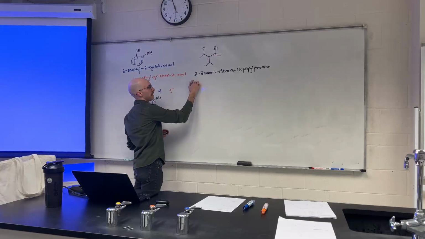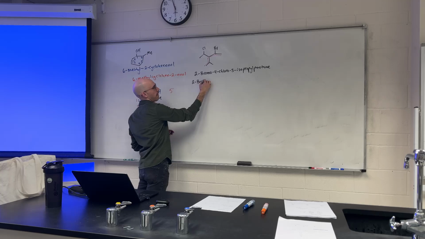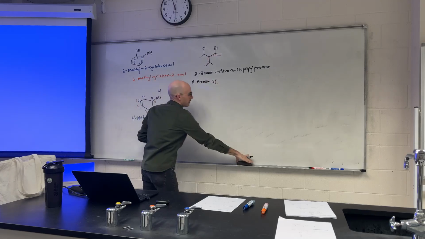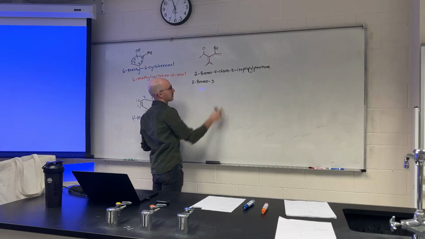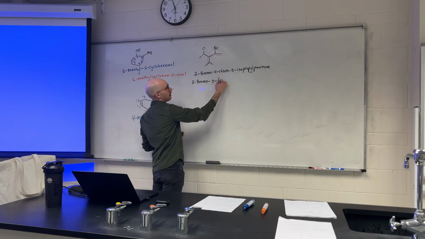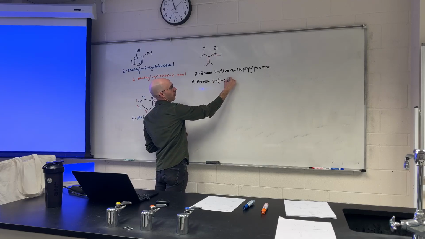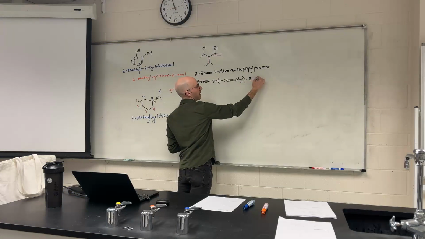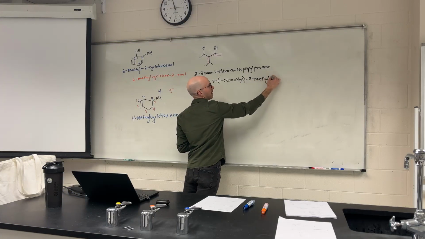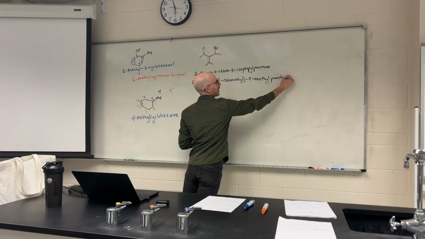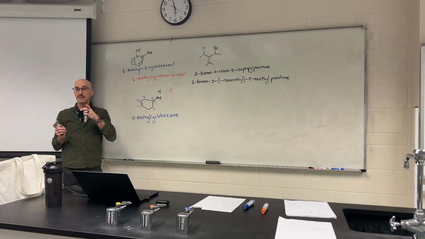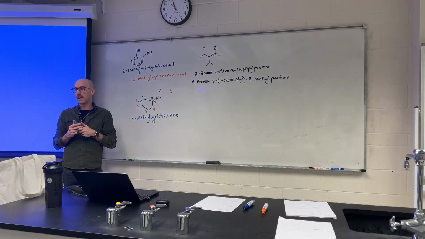So in this case, we'd get 2-bromo-3-(1-chloroethyl)-4-methylpentane, and I have to put the parentheses after the comma. It's not as nice, and that's not really what I was going for. And I actually don't know which one is the best name.